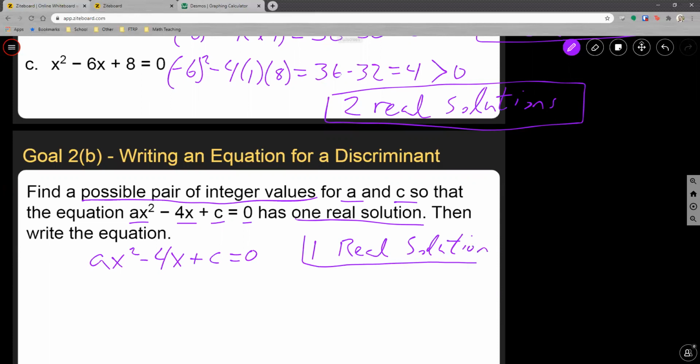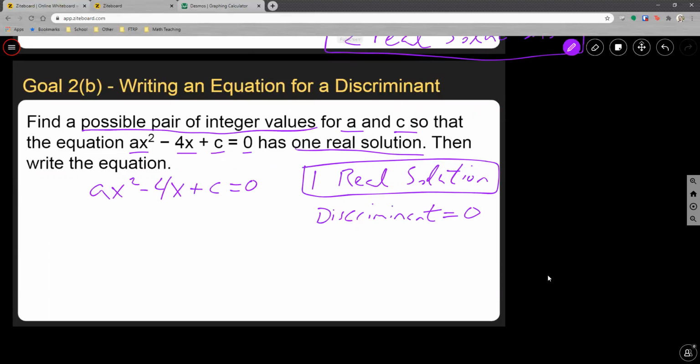Well, we know from above that with one real solution, the discriminant has to equal 0. So that means that my b squared minus 4 times a times c has to equal 0. Let's just substitute in what we know. The only value I know for sure is -4, my b value.